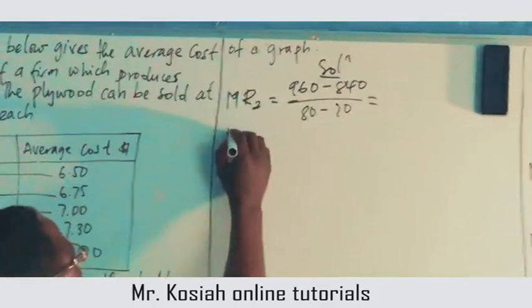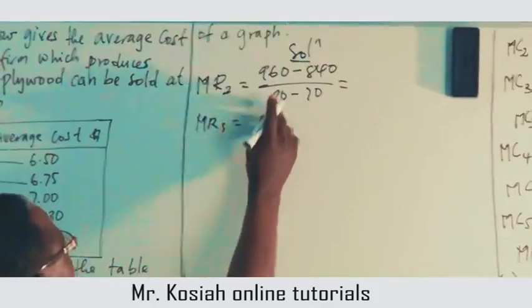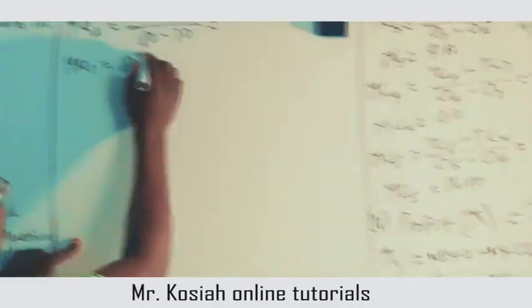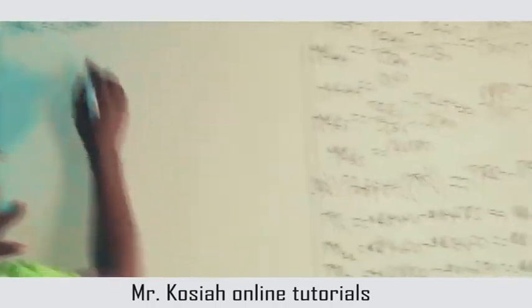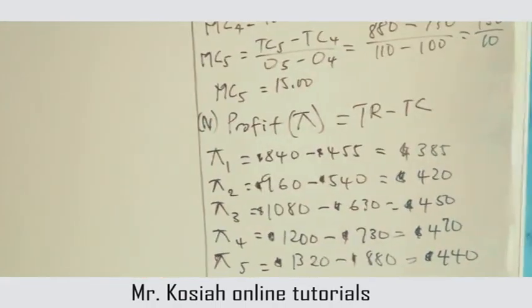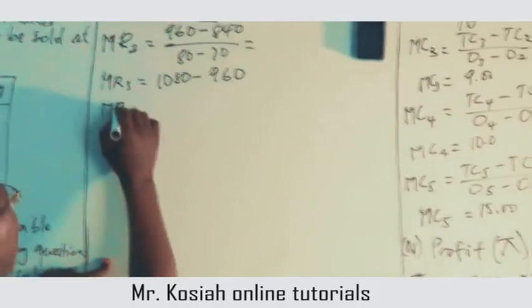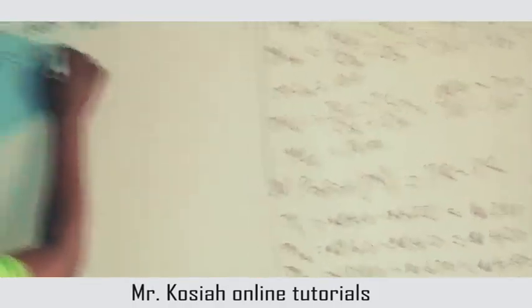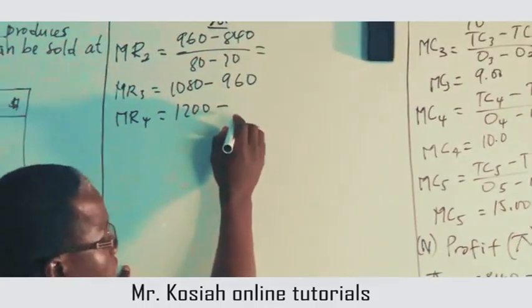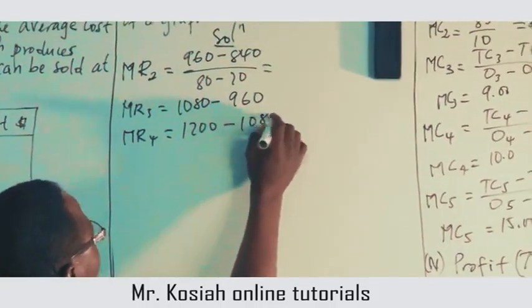So now we come to marginal revenue 3, and this is 1080 minus 960, and marginal revenue 4, this is 1200 minus 1080.